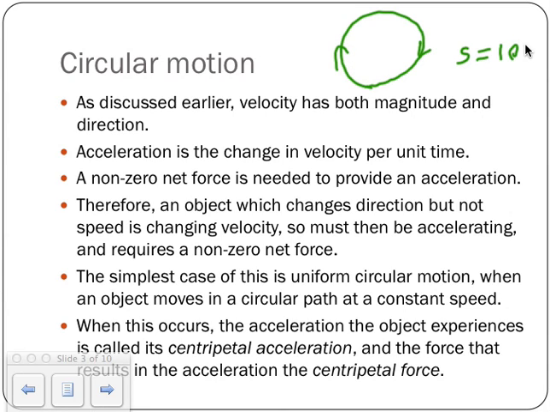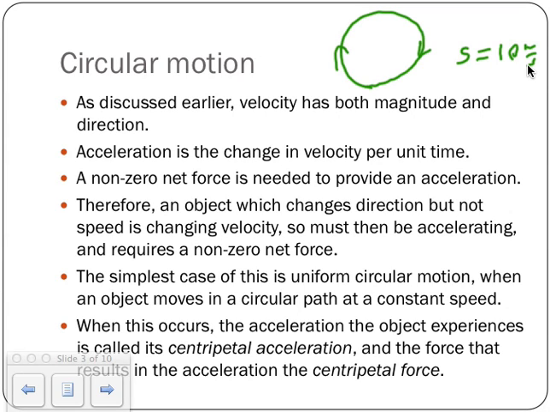Let's say they're going at 10 meters per second, which is very fast, Olympic level sprinter speed, but around in a circle. They maintain the same speed at all points in time. That never changes, but they are changing direction, which means they have to have an acceleration, which means they have to have a net force. This is an example.